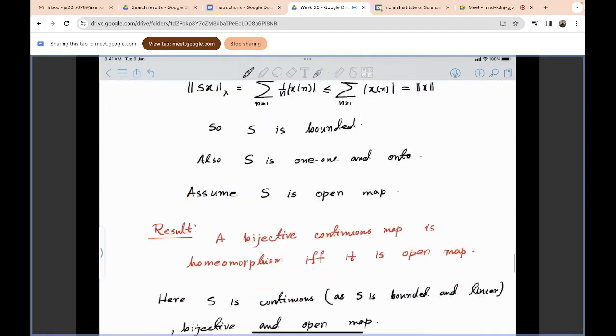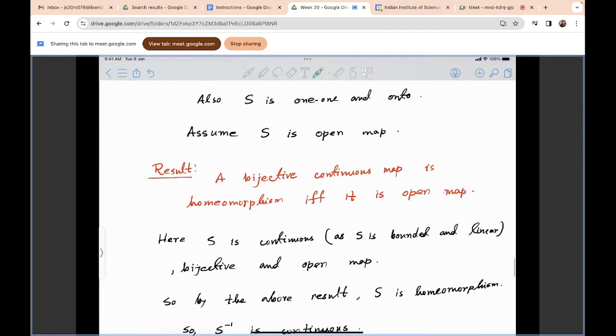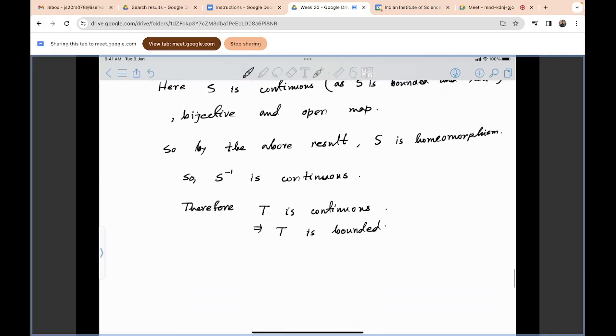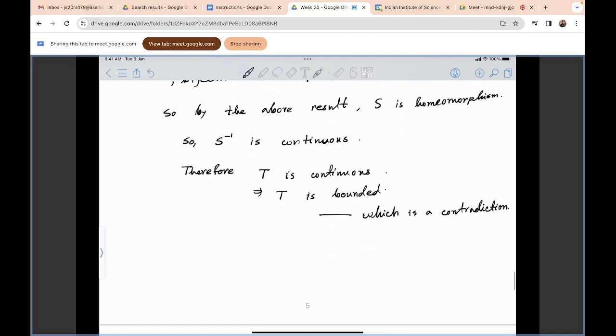So therefore our assumption is wrong. We assumed that S is an open map, so this is not true. So S is not an open map. S, or T inverse, is not open.